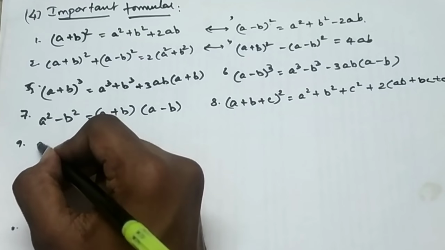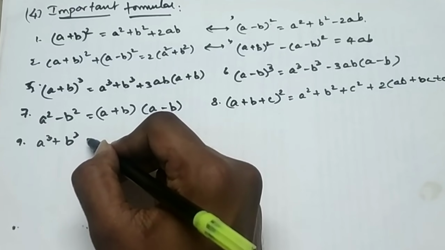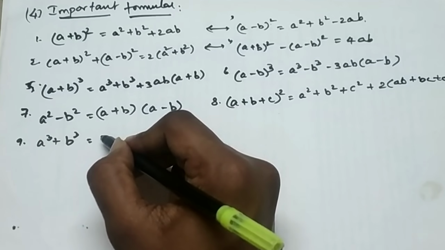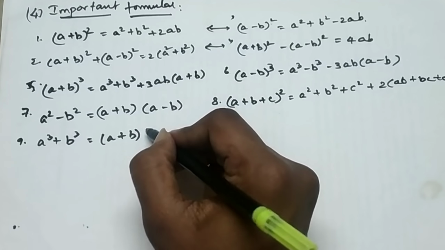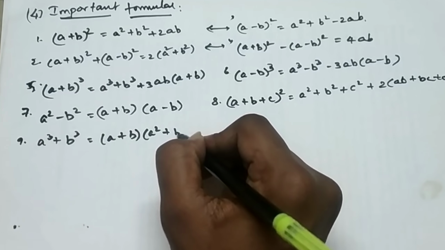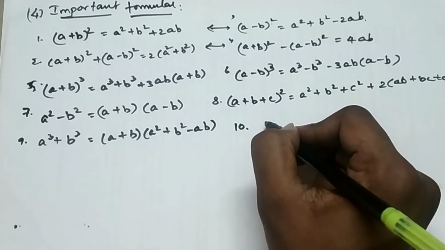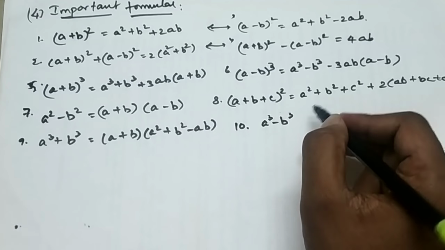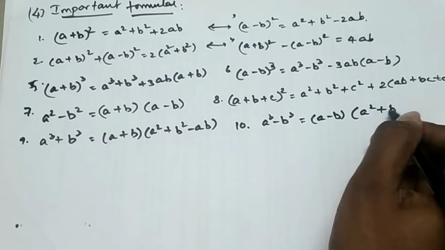Now a³ + b³ equals (a + b)(a² + b² − ab), and a³ − b³, contrary to that, equals (a − b)(a² + b² + ab).